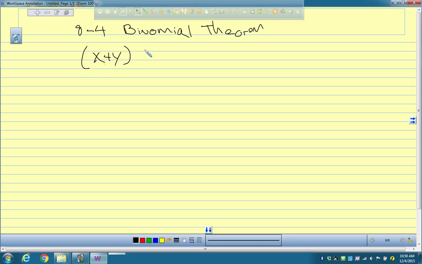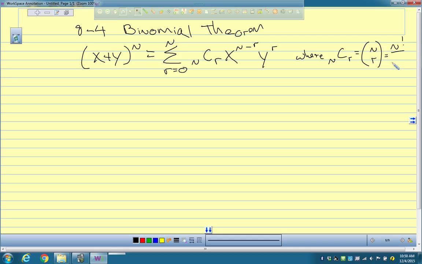So, okay. (x + y)^n is equal to the sum of nCr times x^(n−r) y^r, where nCr is equal to this n combination r, which is equal to n factorial over r factorial times (n − r) factorial.